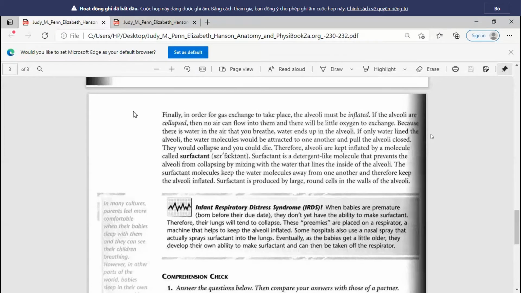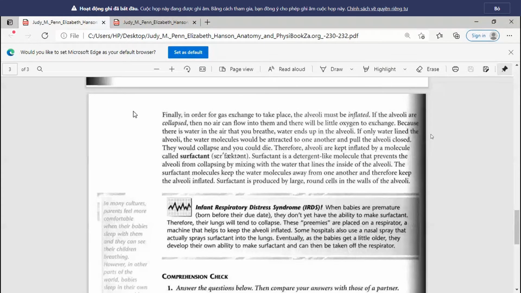Therefore, alveoli are kept inflated by molecules called surfactant. Surfactant is a detergent, a molecule that prevents the alveoli from collapsing by mixing with the water that lines the inside of the alveoli.